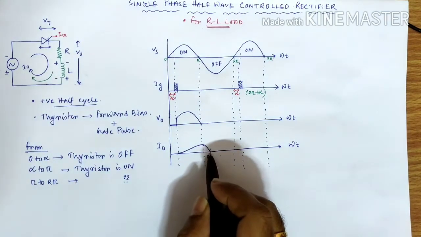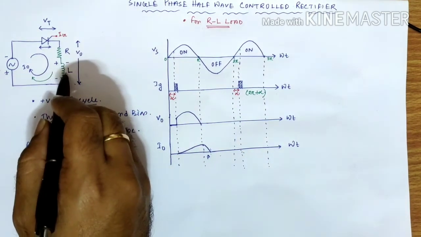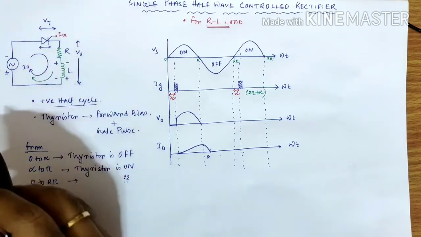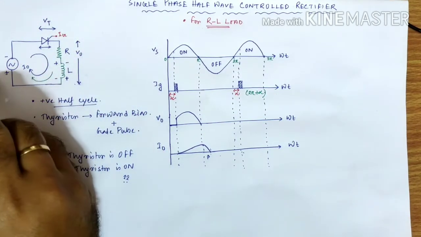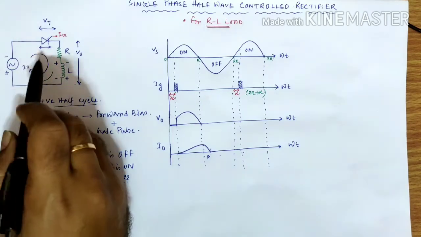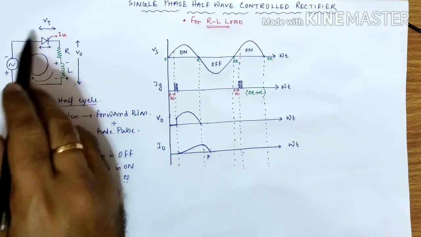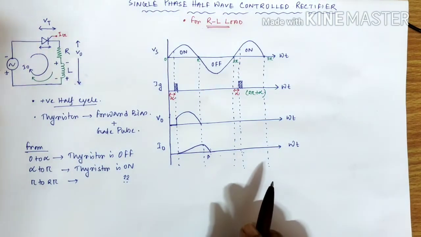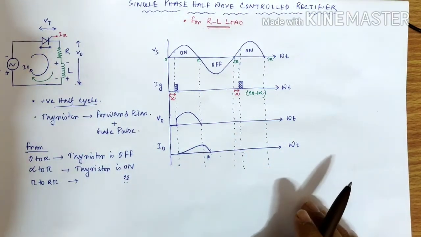So at the angle beta, the EMF of the inductor becomes less than Vs. That implies finally the thyristor is reverse biased. That means the thyristor is off.